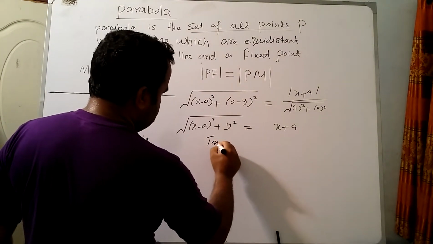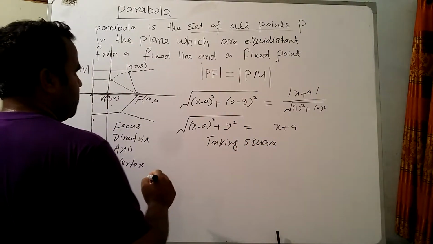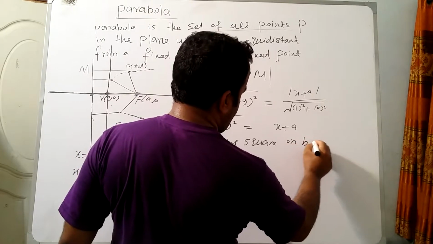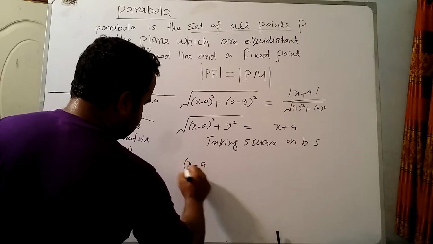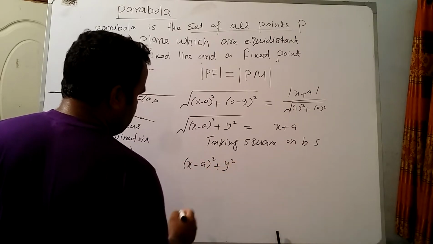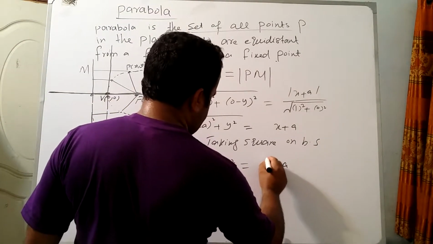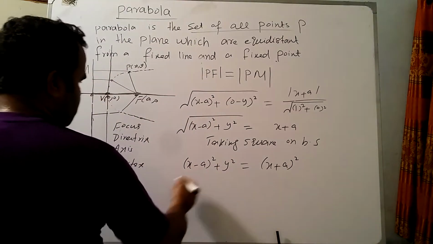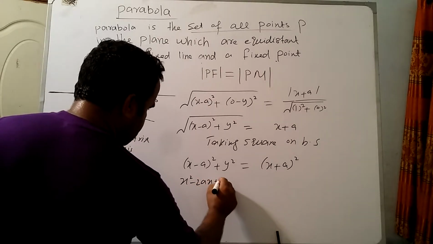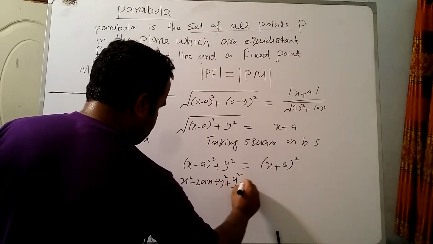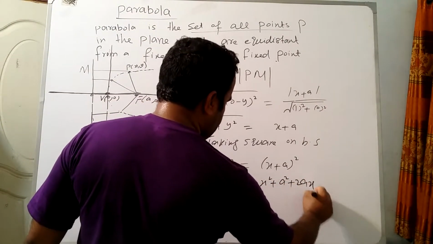Taking the square on both sides, we get (x minus a) squared plus y squared equals (x plus a) squared. Now open the squares: x squared minus 2ax plus y squared equals x squared plus a squared plus 2ax.